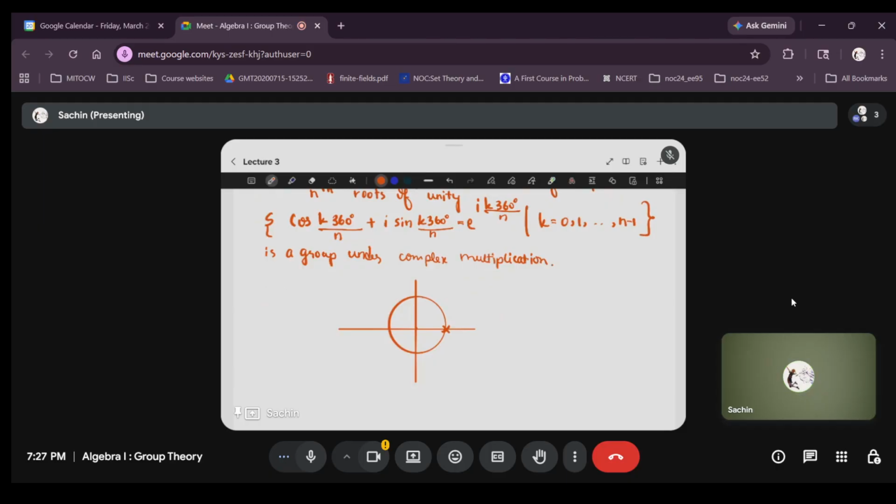And if n is 4, then these 4 points will be the fourth roots of unity. So this is 1 comma 0, 0 comma 1, minus 1 comma 0, 0 comma minus 1.